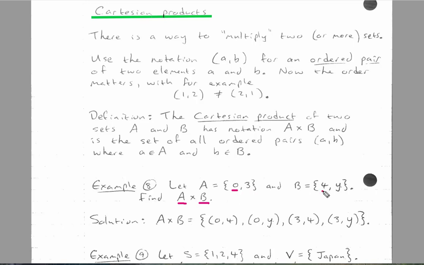If we take a 0 and a 4, we get this ordered pair. Or we could take a 0 and a y. The other options start with a 3, so (3, 4) and (3, y). So this Cartesian product contains 4 elements, and each element is an ordered pair. As usual, they're separated by commas, and we have the braces around them. So that's a Cartesian product.